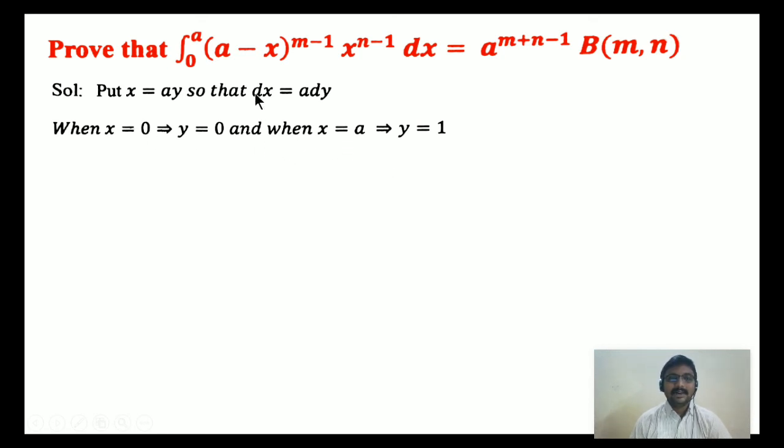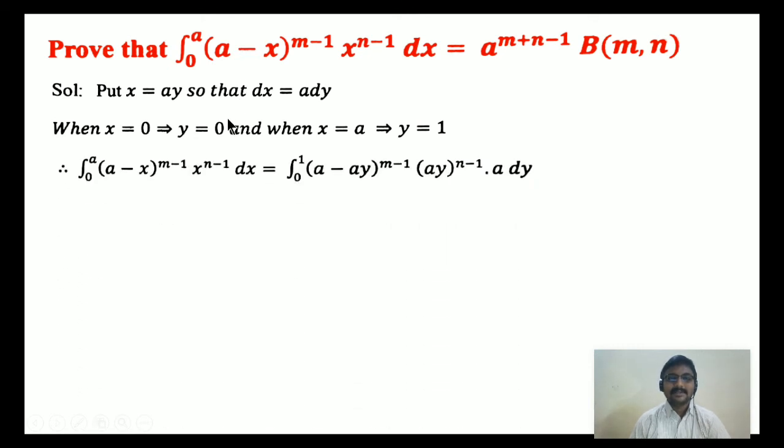So with these values, the given integral on the left hand side becomes integral of 0 to 1 (a minus x), but what is x here? ay. So (a minus ay) whole power m minus 1, x power n minus 1, but what is x? The x value is (ay) whole power n minus 1. And what is dx? The dx value is a dy.